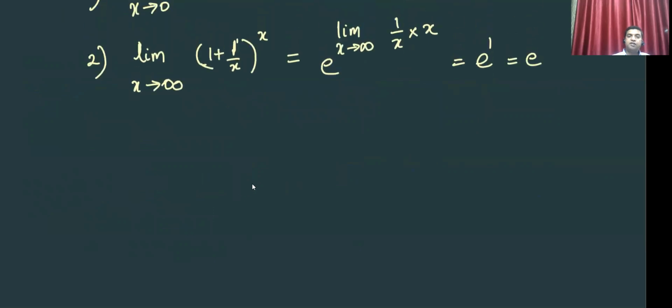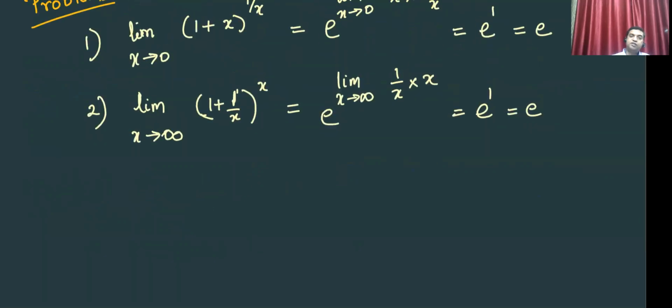Okay, in fact, this is one of the formal definitions. The second one is one of the formal definitions of e. Okay, this talks about a compound interest problem in economics. 1 plus the interest raised to the power a very large number.